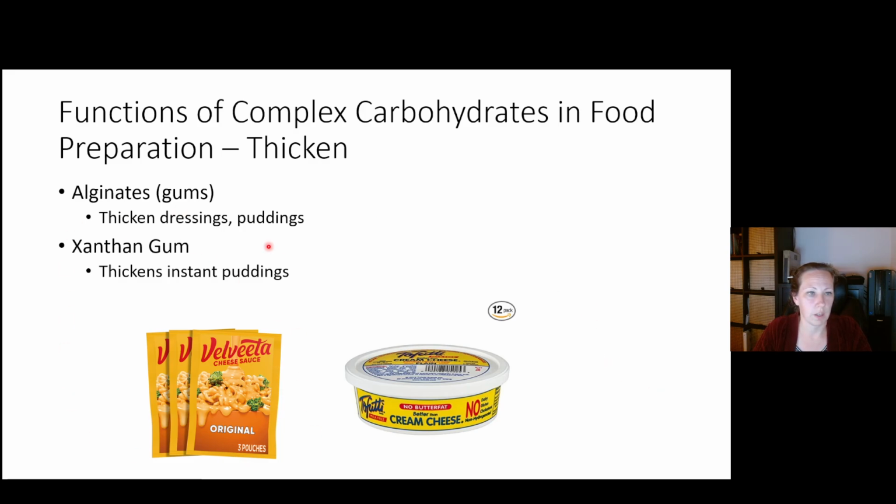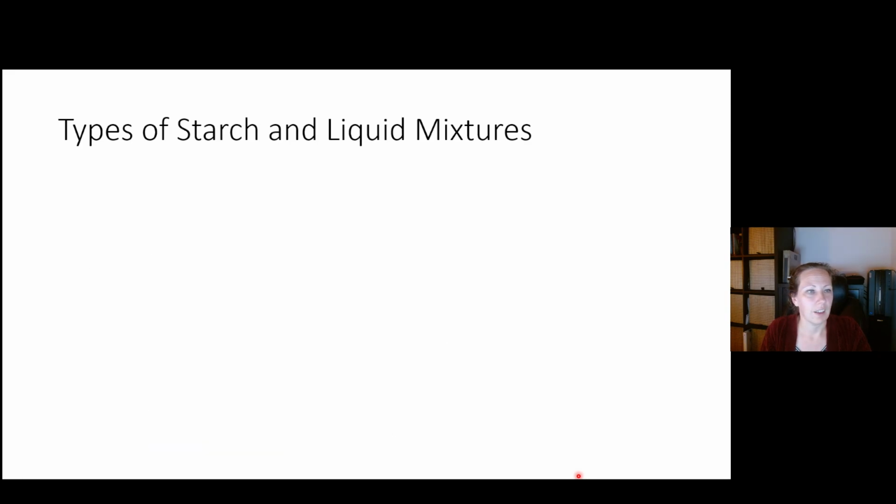Like Velveeta has alginates, and this is a vegan cream cheese that has xanthan gum in it. Now, when I talk about gums, this is absolutely not the same kind of gum as chewing gum. It has the same word, but it's not the same kind of thing. It's not chewing gum that is being added into products. Okay.